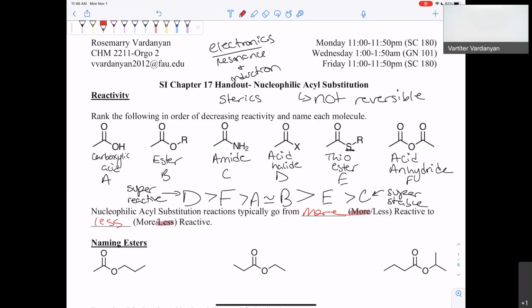All right, so does anyone remember what the reaction title for chapter 16 was? Yeah, it was nucleophilic addition reaction, whereas this one is nucleophilic acyl substitution reaction. So that's a hint on how chapter 16 and 17 are different.